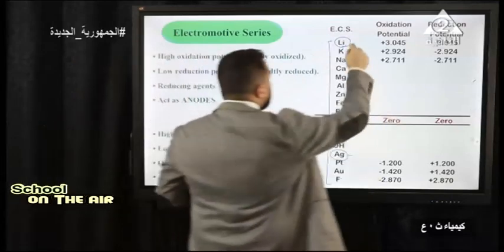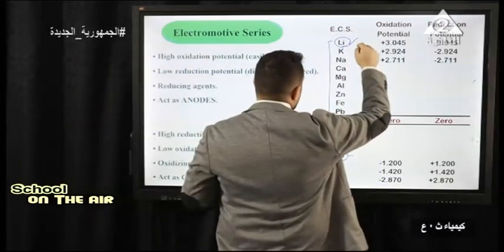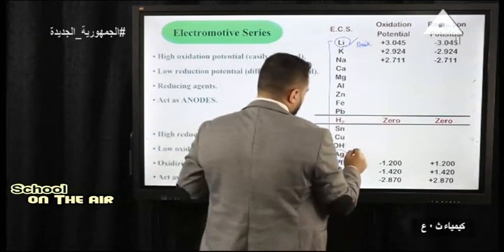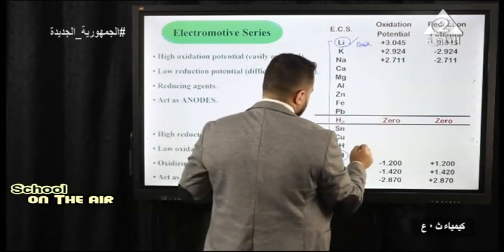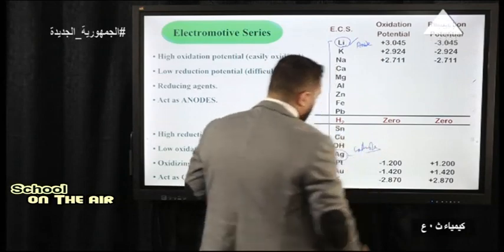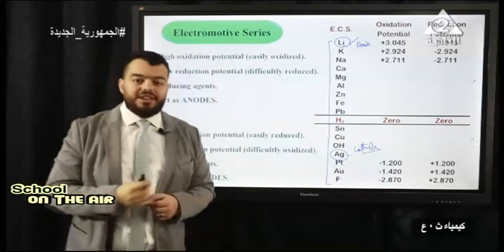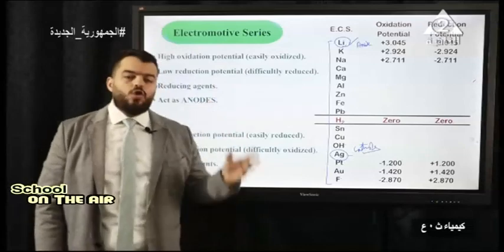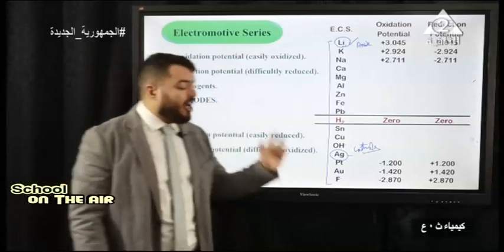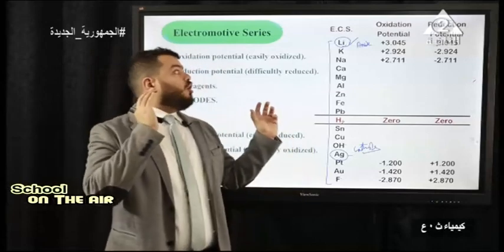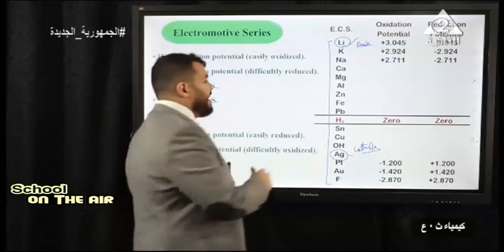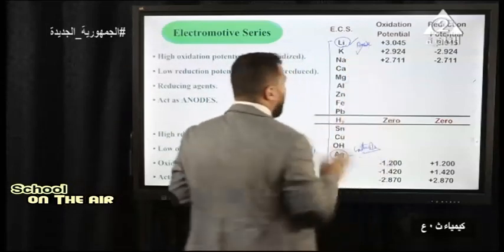So lithium will be oxidized and it will act as anode. So the silver will be reduced and it acts as cathode, because we have studied in the last session that the electrode which is oxidized has to be the anode, which is oxidized at all times.